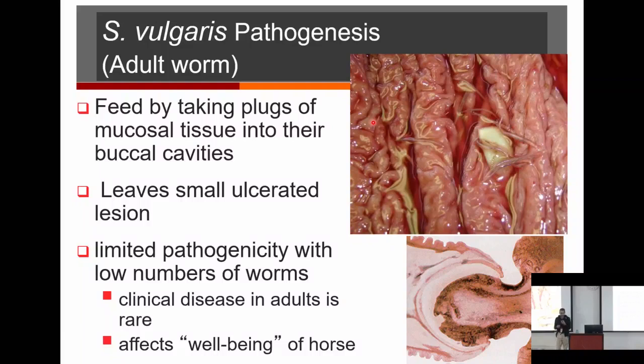The adult worms make plugs of the mucosal tissues with their buccal cavity. They form ulcerative lesions in the intestine. The pathogenesis is not very similar to larvae. Larvae are a highly pathogenic stage, but the adults will cause clinical disease too. It is not very common, but it will affect the well-being of the horse.